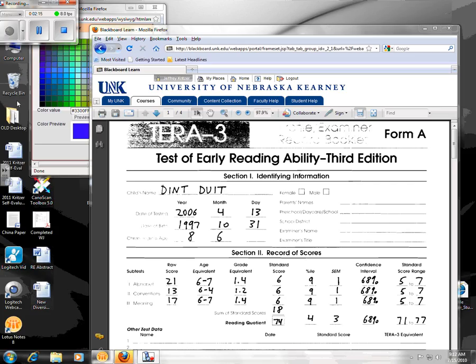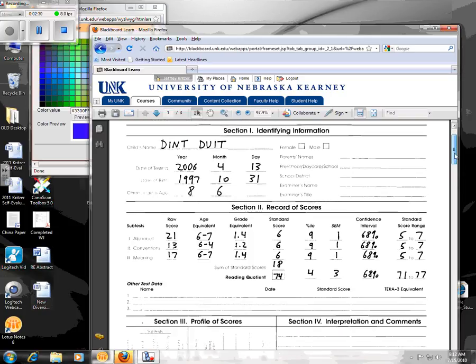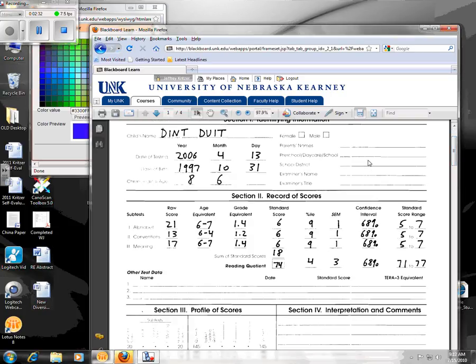Here you see the results of the first test, the TERA. And what you will notice is, here is the completed protocol for this test. The most important score that you need to take a look at is the reading quotient. The reading quotient is a 74. That's a standard score.